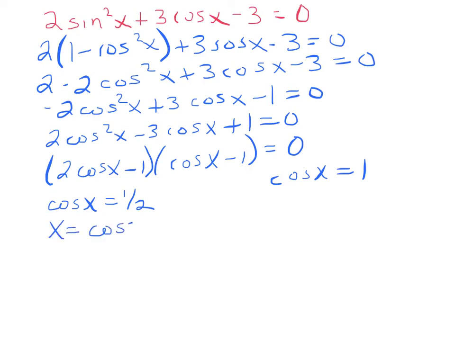So x is the inverse cosine of 1/2 and x is the inverse cosine of 1. Okay. So, inverse cosine of 1/2. That's going to give me pi over 3.